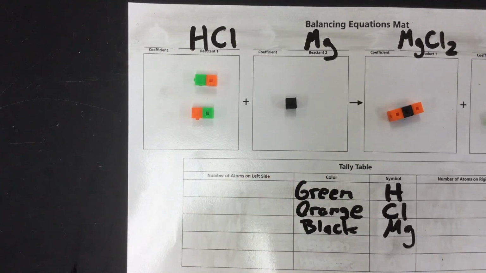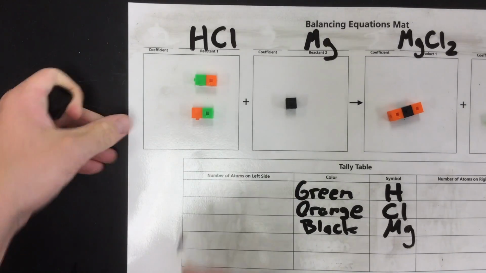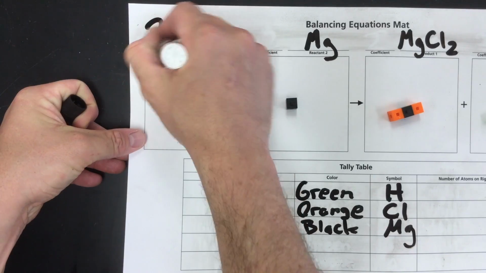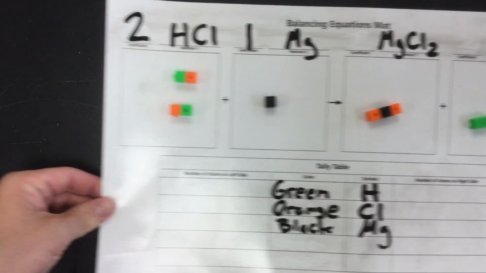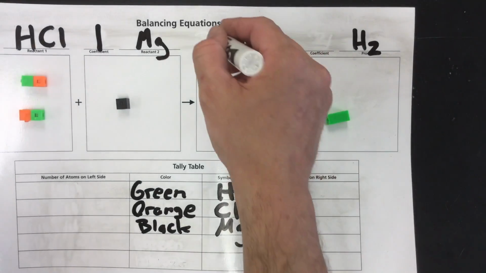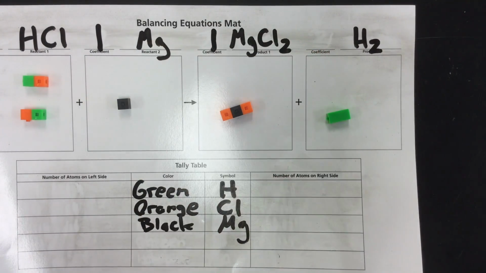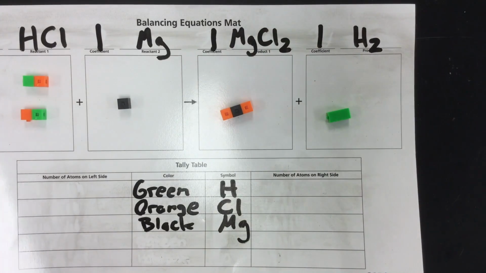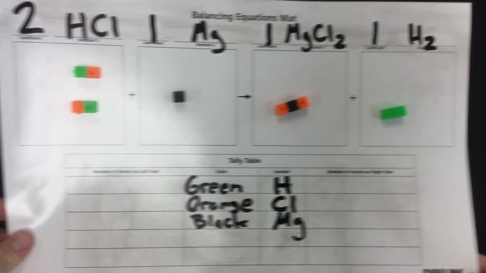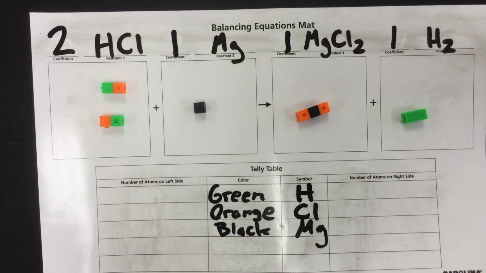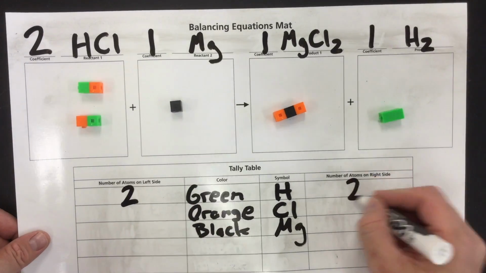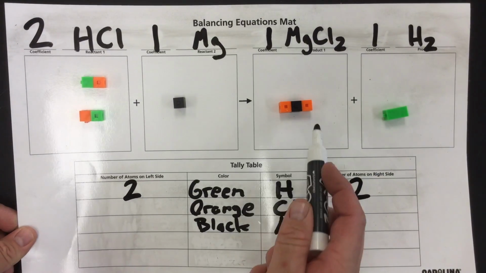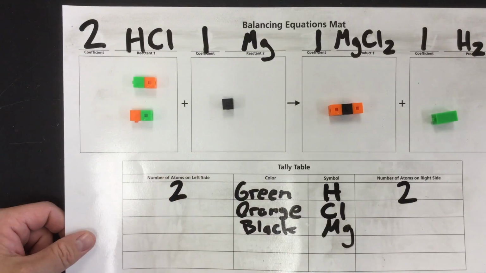On this side of the map, in the reactants, we have 2 particles of HCl and 1 magnesium atom. In the products, 1 particle of magnesium chloride and 1 molecule of H2. If we tally up the atoms, green, 1, 2, 1, 2, so 2 on each side. Orange, 2 on this side, 2 on this side.